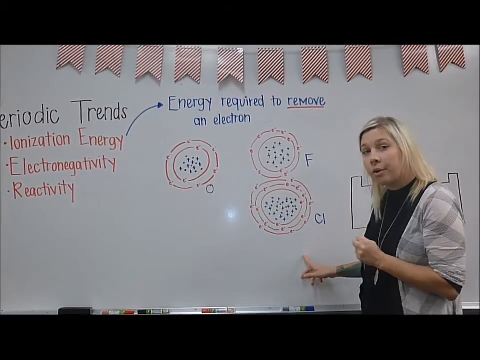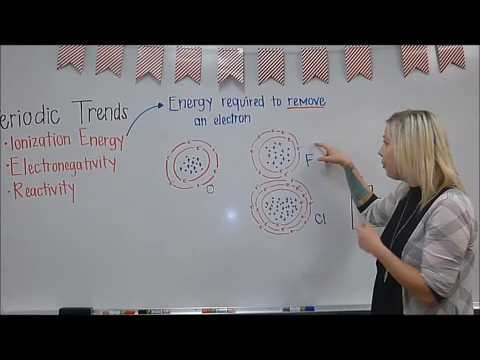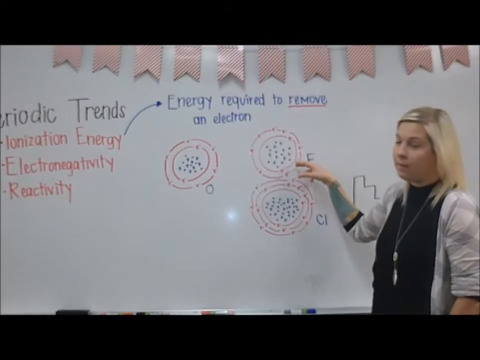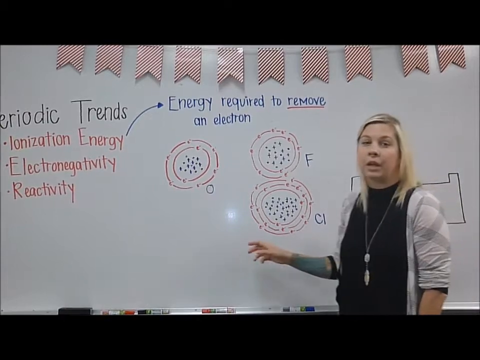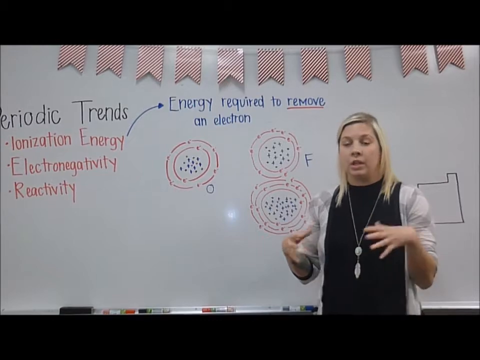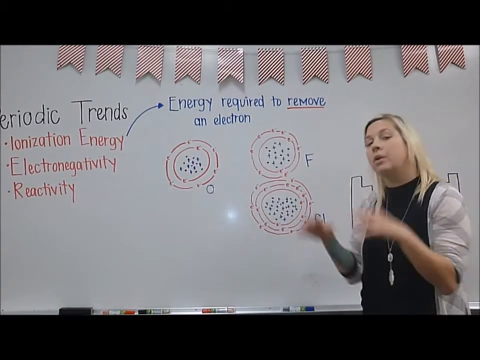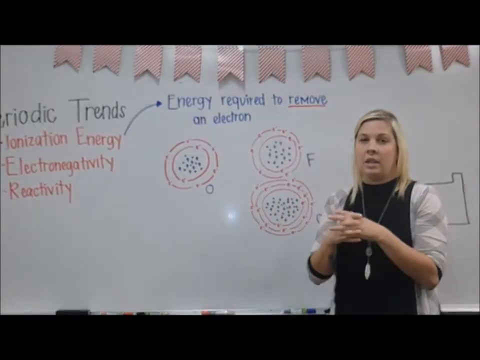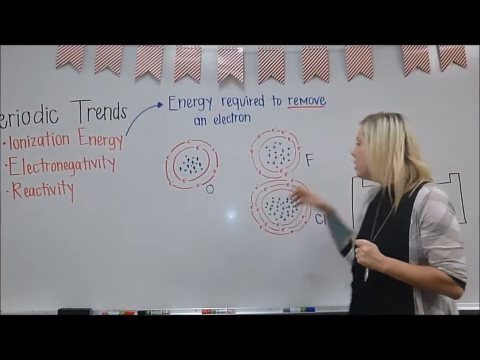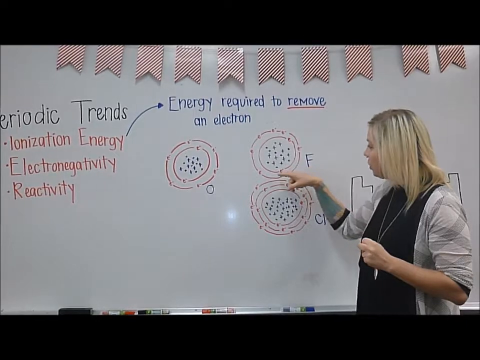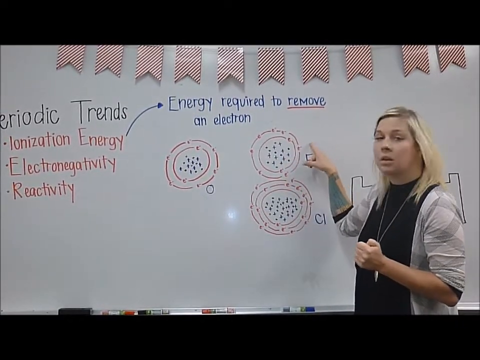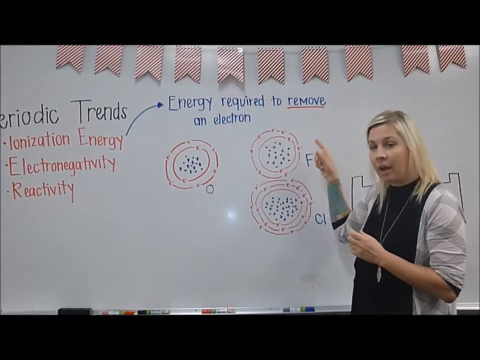As we go down the group, fluorine has 2 energy levels of electrons, and chlorine has 3. So then we have to start thinking about nuclear shielding. Remember, the shielding is the electrons in the middle, kind of that buffer, and the bigger the buffer, the easier it is to pull an electron off. Fluorine, since it has only 1 orbital of buffer in the middle, takes quite a bit of energy to pull an electron off that outer shell.